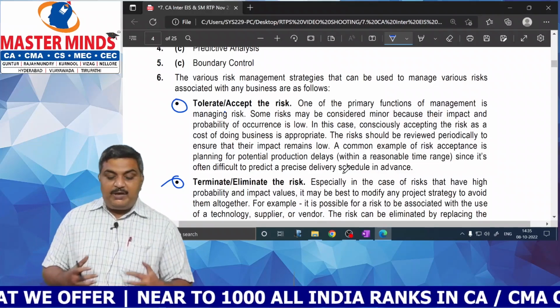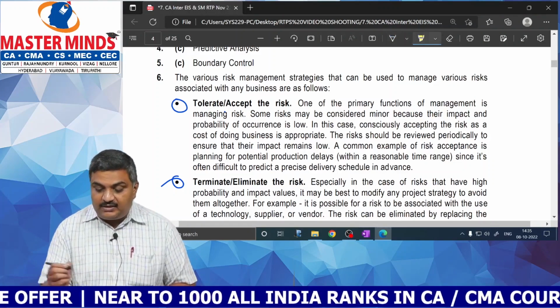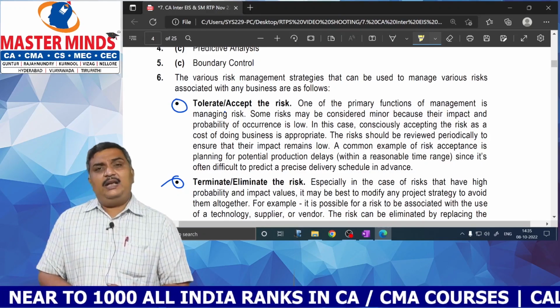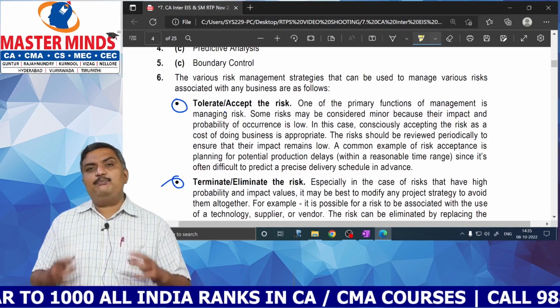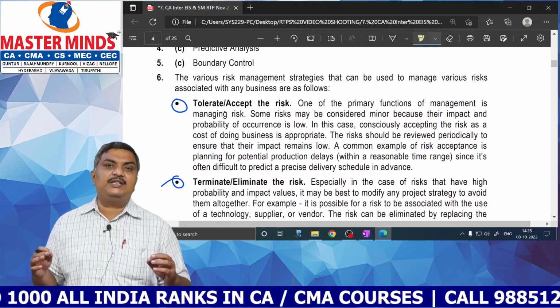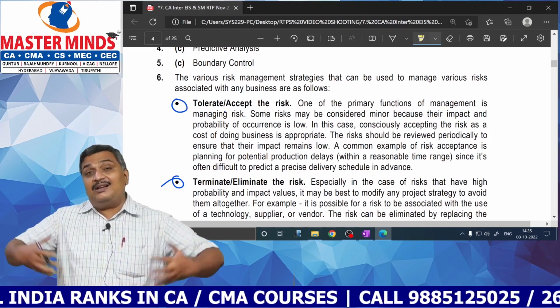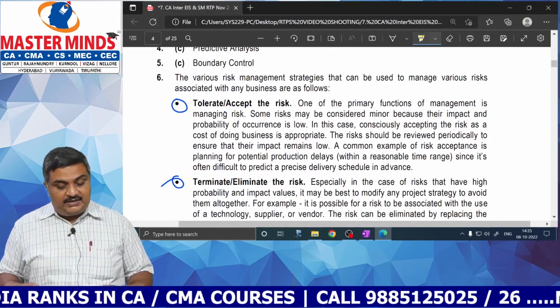What do you mean by tolerating or accepting the risk? See, one of the most important functions of management is to manage the risk to be within the risk appetite of the organization.